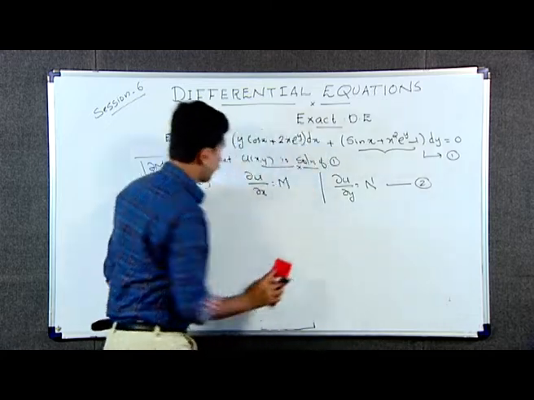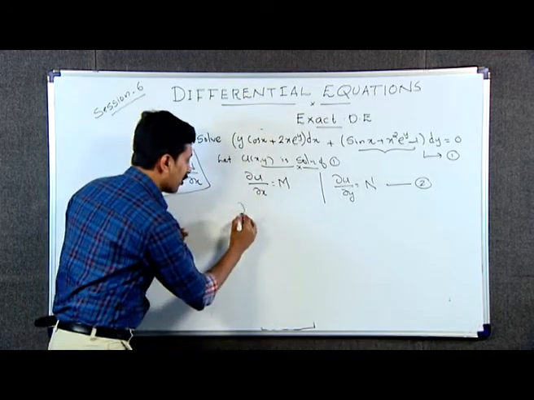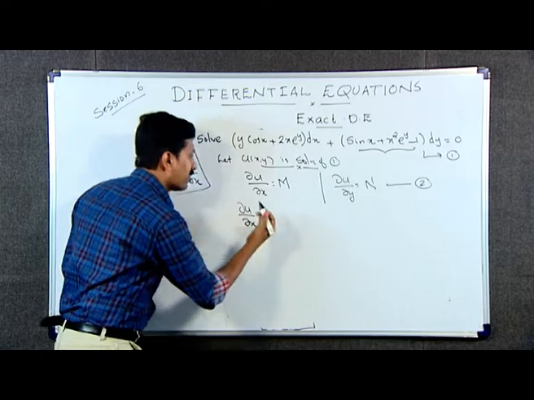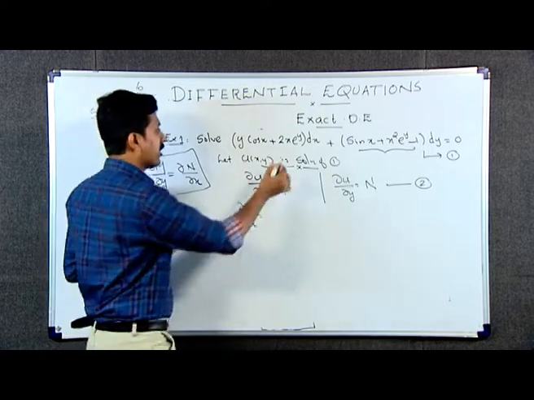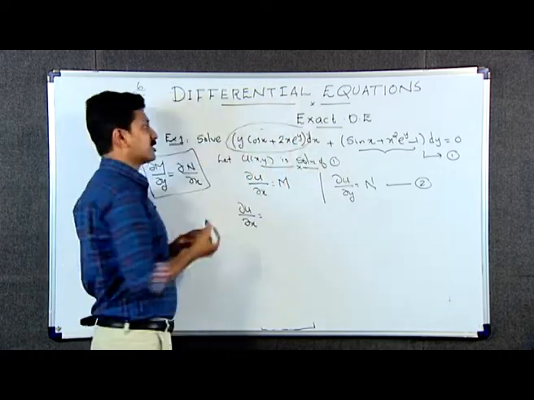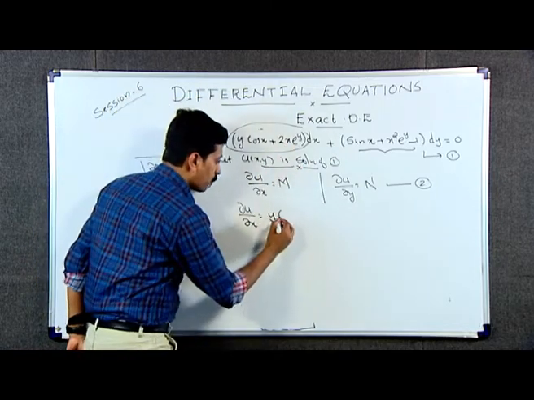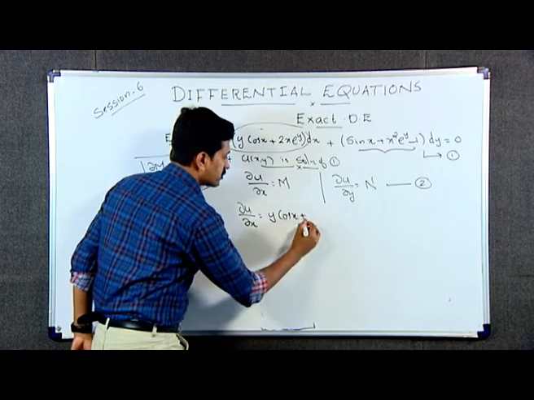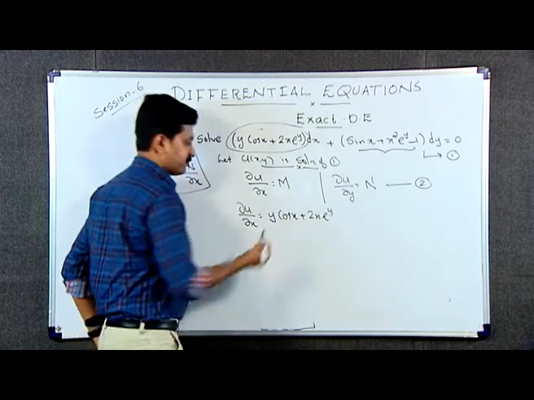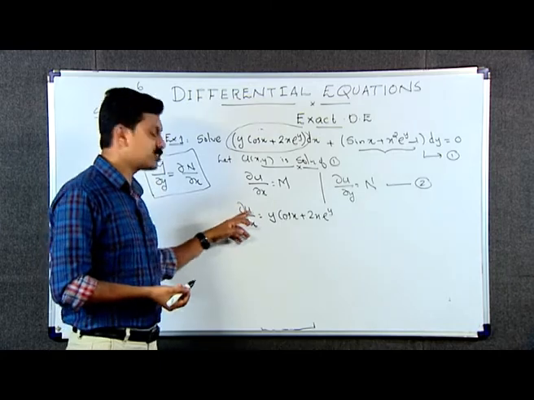We have dou u by dou x equal to M. What about M? M is y cos x plus 2x e raised to y. Therefore, dou u by dou x is equal to y cos x plus 2x e raised to y. We have to find u.